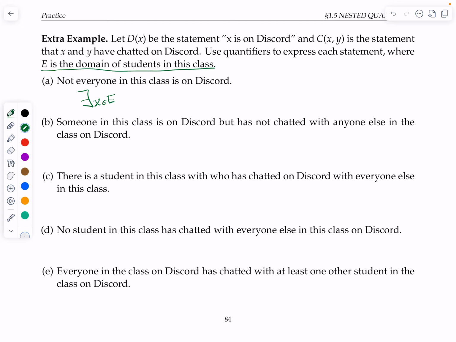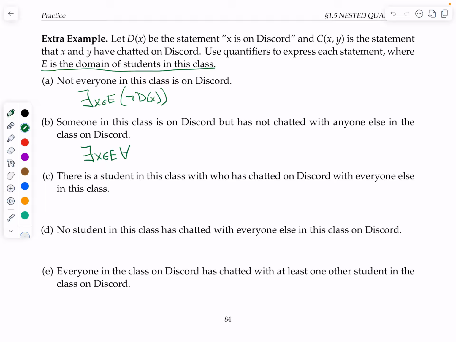So there exists a student in this class who is not on Discord, such that the negation of D of X. Someone in this class is on Discord but has not chatted with anyone else in this class.